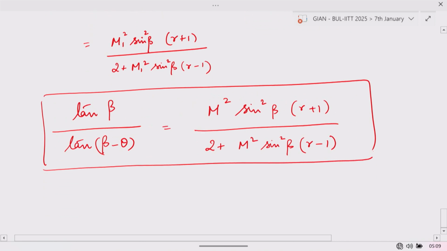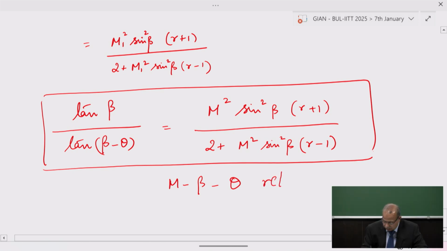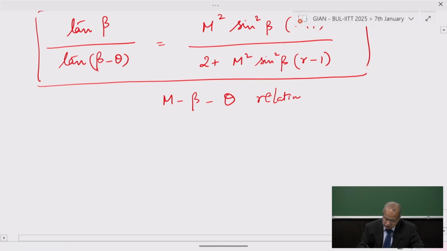And this relationship is called the M beta theta relation. So if we know two parameters, then we can calculate the third parameter, and this is very helpful information when we are solving an oblique shock problem here.